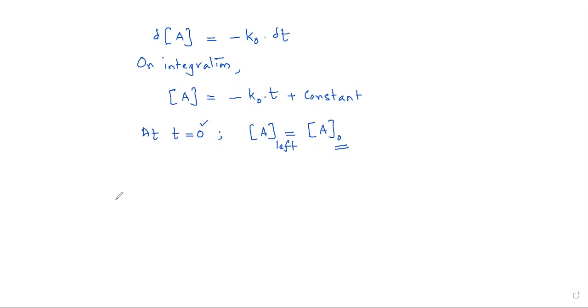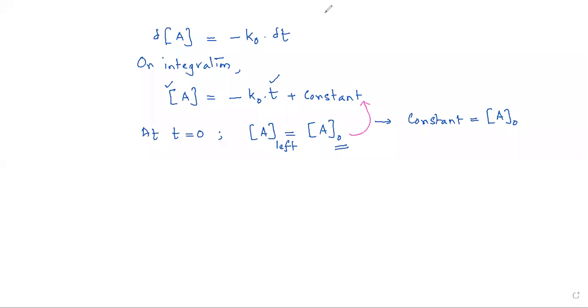Because you are just about to start, you have not yet started. Now substituting this here in this expression, we get the value of constant. Now T is equal to 0, A has become A naught. So the value of constant will be equal to A naught.